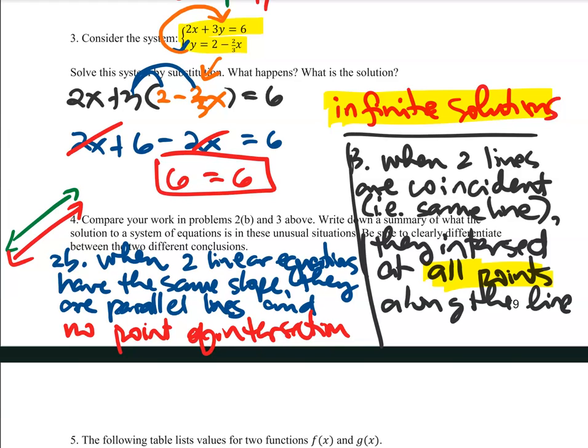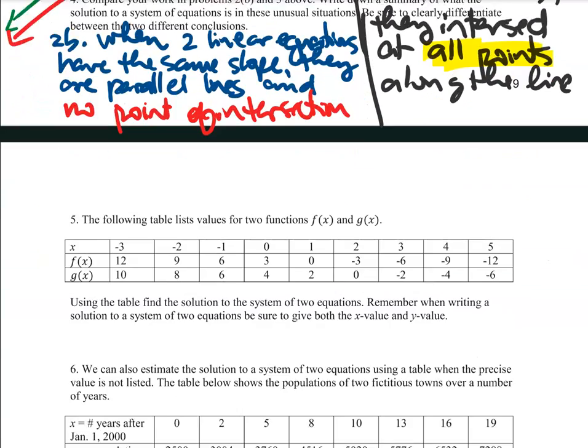So when you graph that using Desmos, let's say the first one is 2x plus 3y equals 6, something like this. And then the other one, when you graph it, is another line. So the graphs are exactly the same line. Okay, so that is number 4.